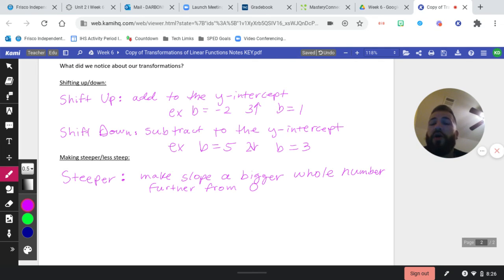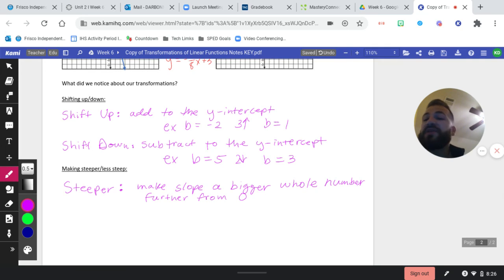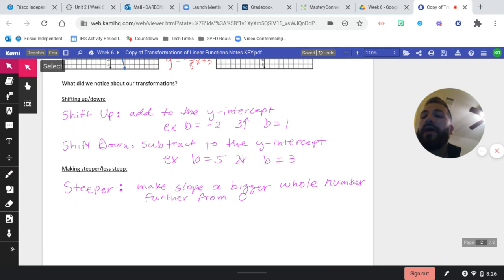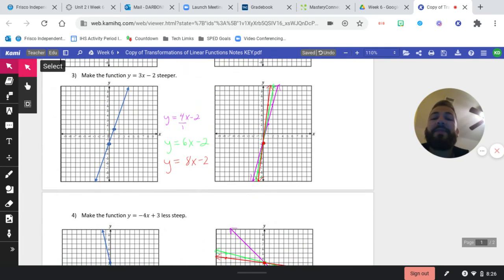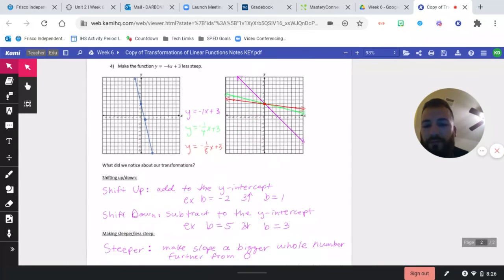Slope is kind of the hard one. To make my slope steeper, I wanted it to be a larger whole number or a number further away from 0. So I started at 3, I increased to 4, it got a little steeper, I increased to 6, it got a little steeper, I increased to 8, it got even steeper. Making it a bigger whole number is going to make it steeper.